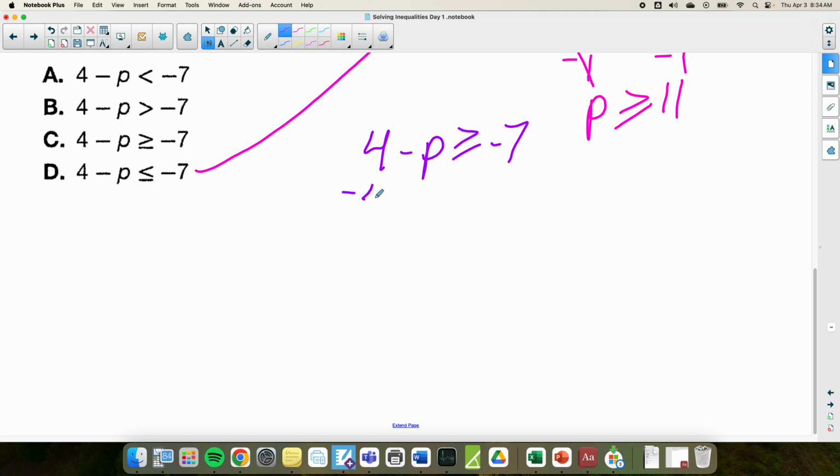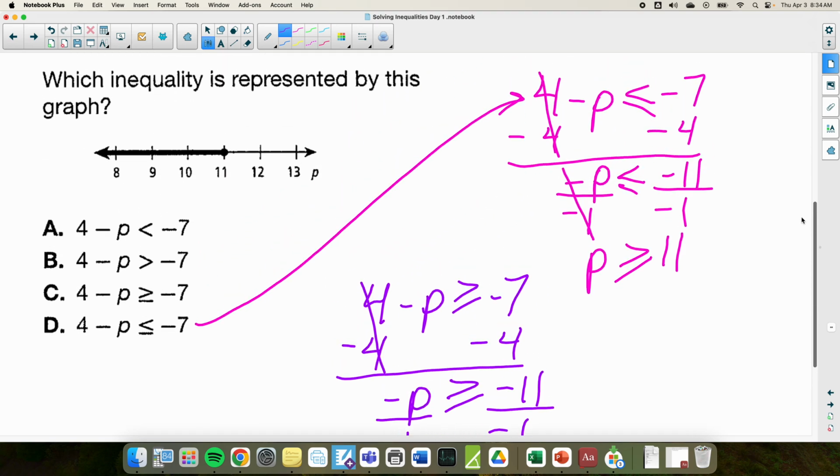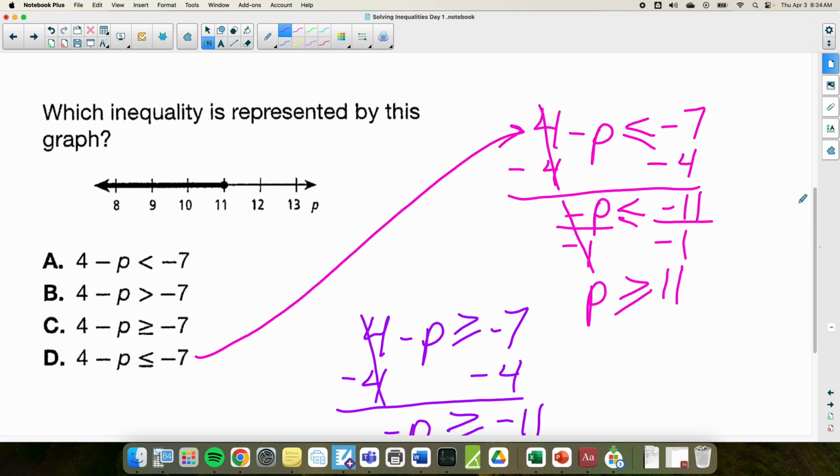Bring the 4 over, we're gonna subtract 4. And we get negative p is greater than or equal to negative 7 minus 4, which is negative 11. And then we divide by a negative 1, so p is less than or equal to 11. And that is what this is. It's a solid line because it's less than and equal to, and it's pointing to the left, so that is the one that we want, okay?